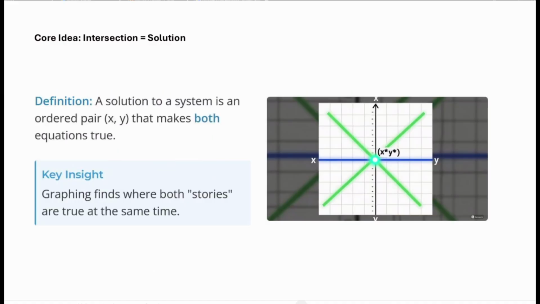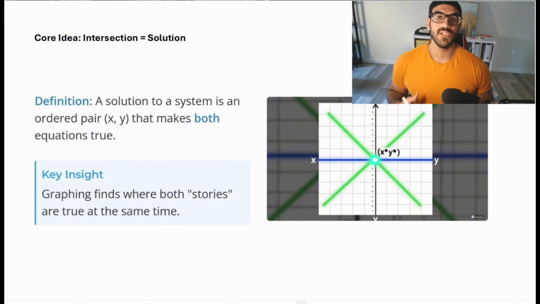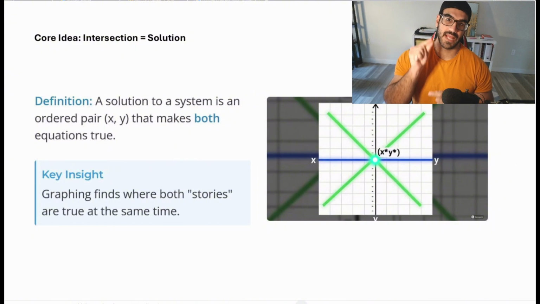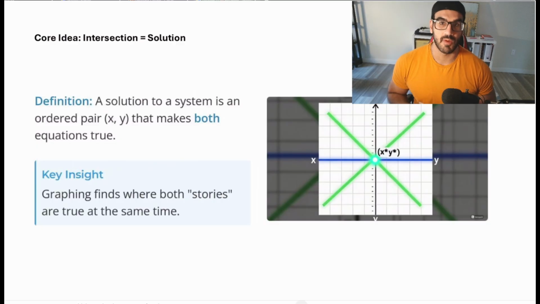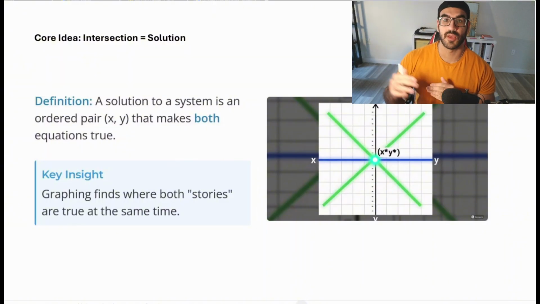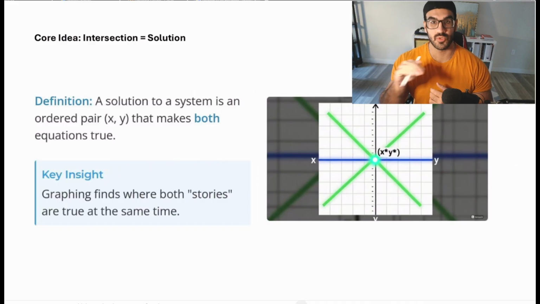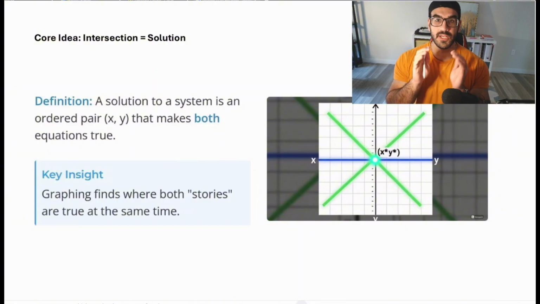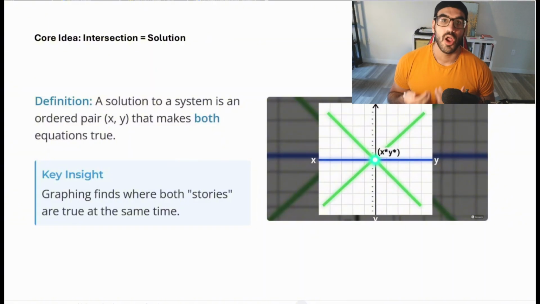So let's start from the core idea. What does it mean when two lines have an intersection? If you remember from the previous module, each point in a two-dimensional coordinate plane has two important components: the x-axis value, on the horizontal line, and the y-axis value, on the vertical line. Combining these two gives me a pair of numbers that we call x and y.